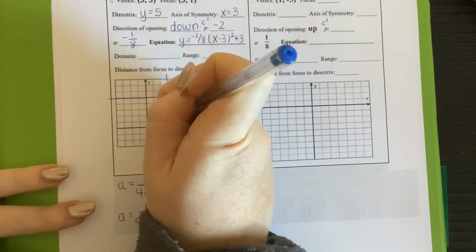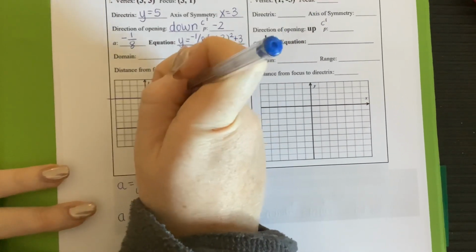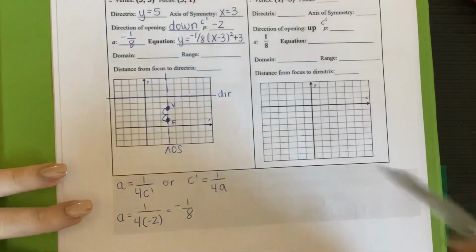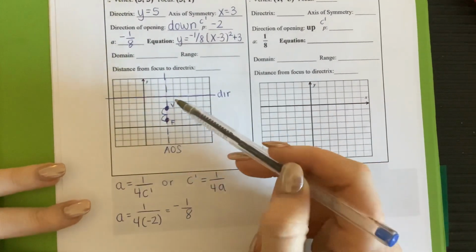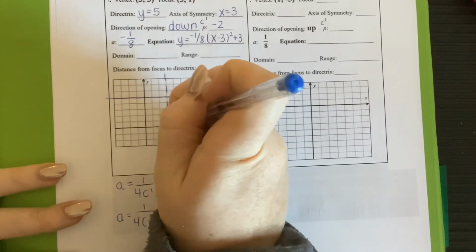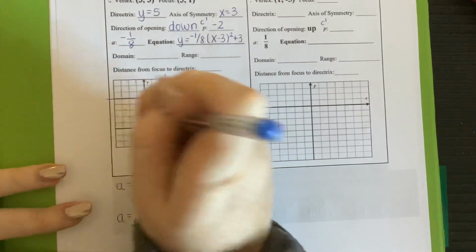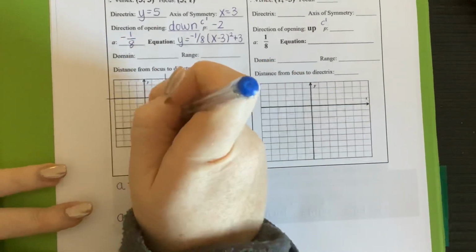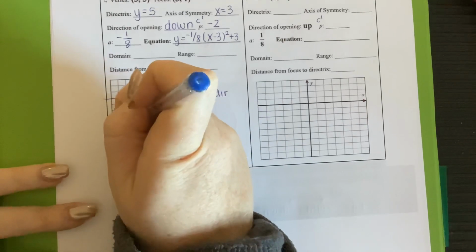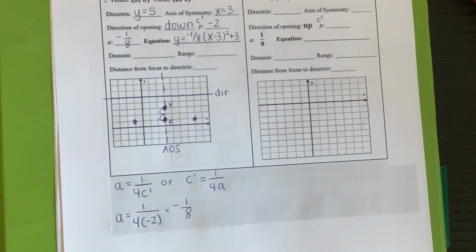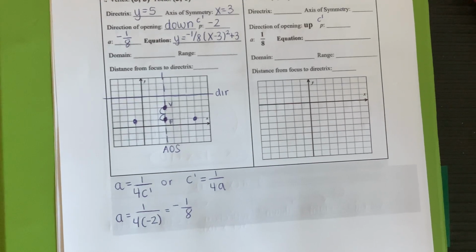From your vertex to your focus and your vertex to your directrix, those are always going to be one focal length. In this case, -2 is our focal length, so we went 2 units, 2 units. If you go 2 focal lengths from your focus in each direction, so 1, 2, 3, 4, 1, 2, 3, 4, you get what are called locus points. Locus points are points that are on your quadratic.